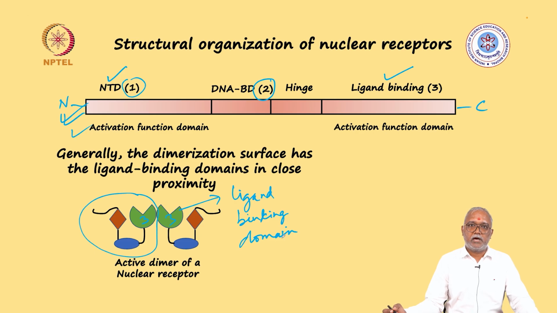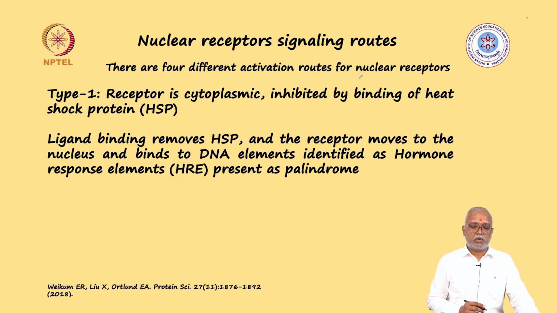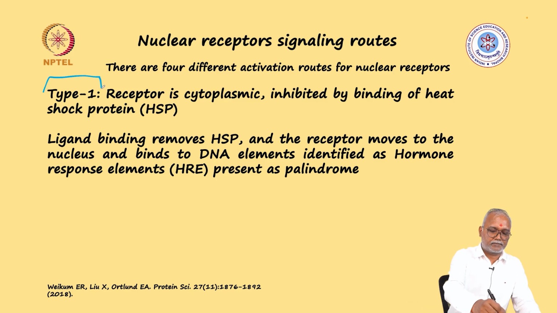In some cases, it is possible that the dimer is formed in the absence of ligand, but the receptor becomes active only when ligand binds to it. So the different types of these nuclear receptors, based on how they function and what they activate, have been classified into 4 types.